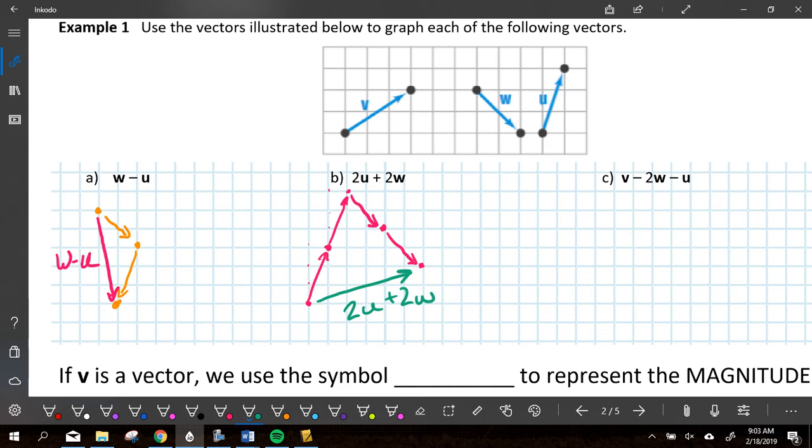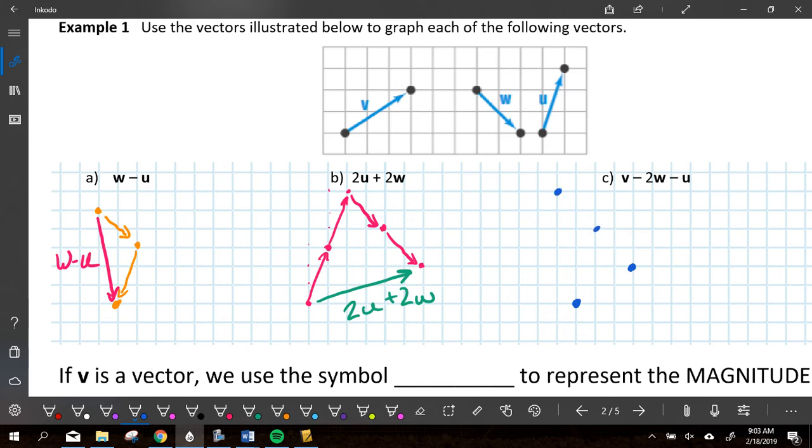Last one asks us to do V minus 2W minus U. Let's see what we can do with that one. Courtney, what'd you do to graph that thing? Okay. So you went up 2, right 3. Then what? Up 2, left 2. Up 2, left 2.